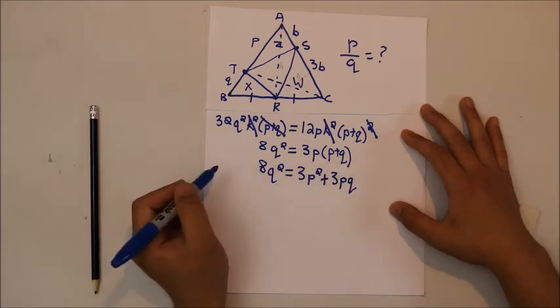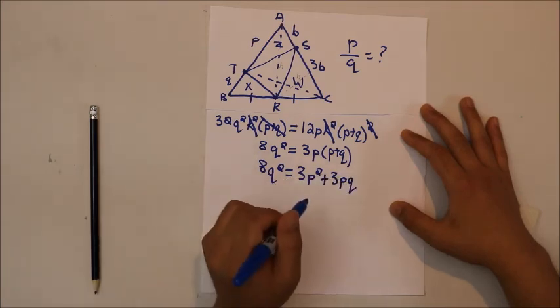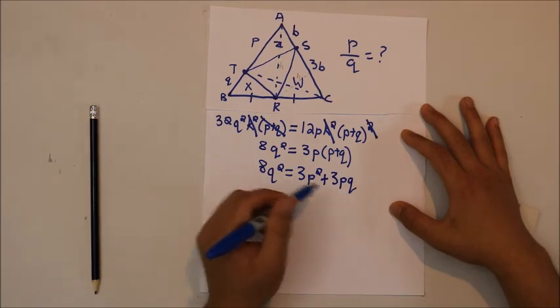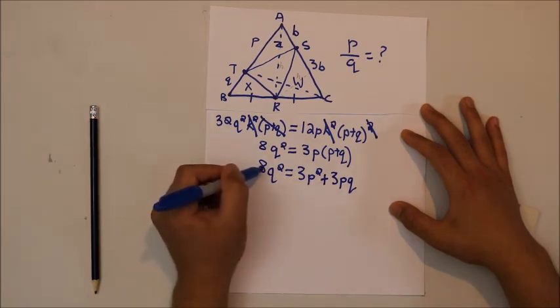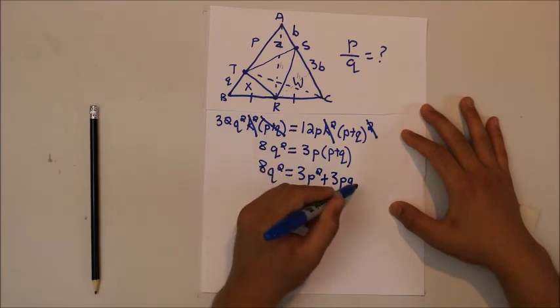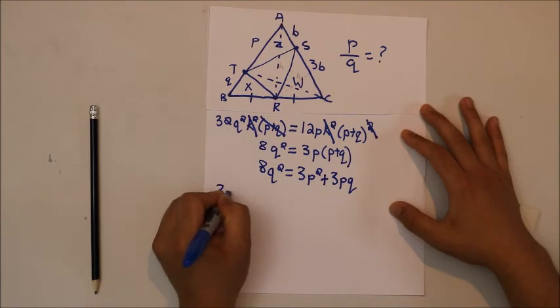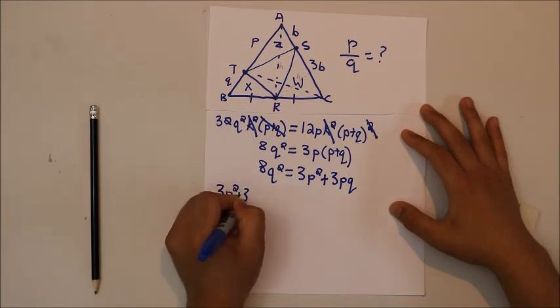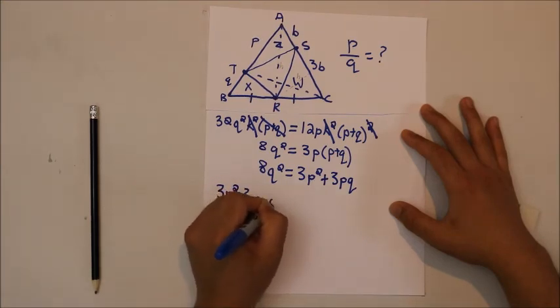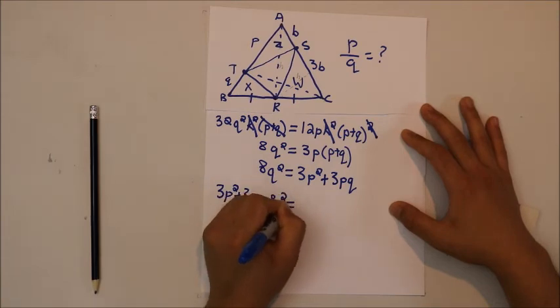And now we want to have all the terms on one side. So we can just subtract 8Q squared and move it over there. And we'll just write it on the left hand side. So we get 3P squared plus 3PQ minus 8Q squared is equal to 0.